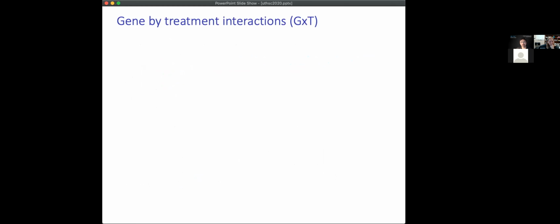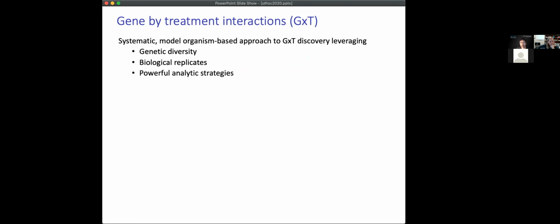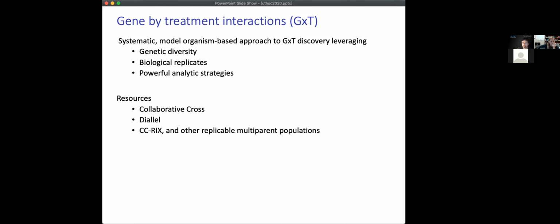Okay. So gene by treatment interactions: what I described was a systematic model organism-based approach to G by T discovery that uses genetic diversity, biological replicates, and analytic strategies, and it doesn't have to be using the collaborative cross. I think the ideas I've described would apply to other populations as well.